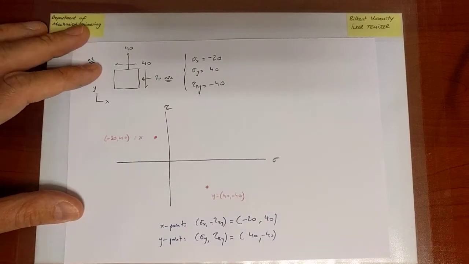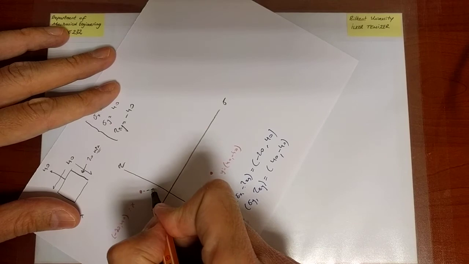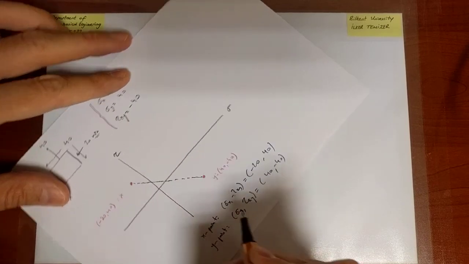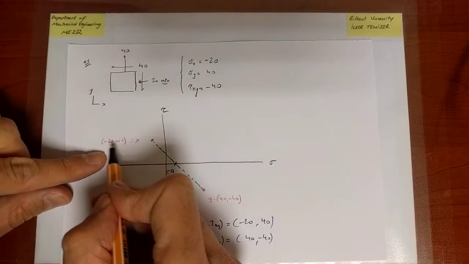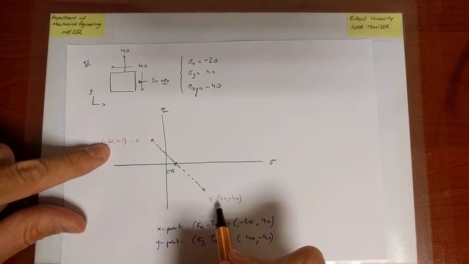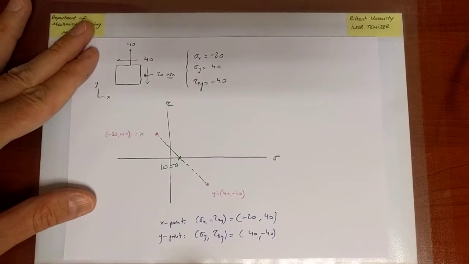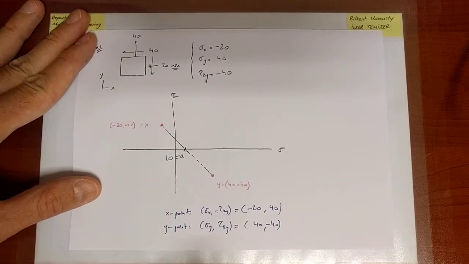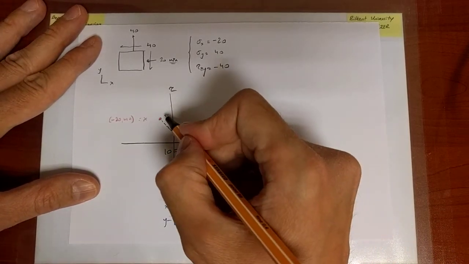Now we can go ahead and connect these two. That's the diameter of the circle, and the center A is in the middle, so it's minus 20 plus 40, 20, divided by 2, so that's lying at a value of 10. I can calculate the radius, but before that, let me draw the Mohr circle.